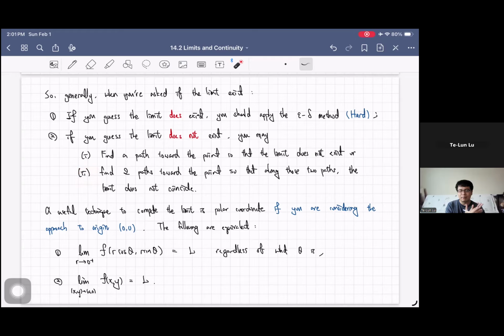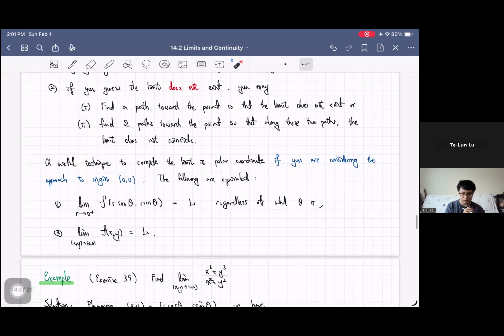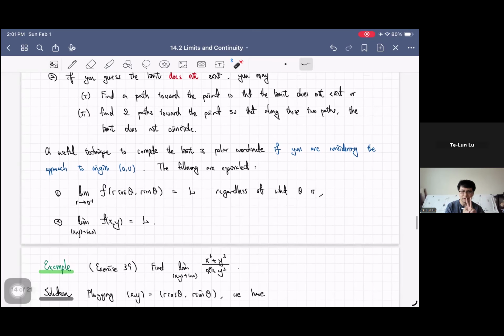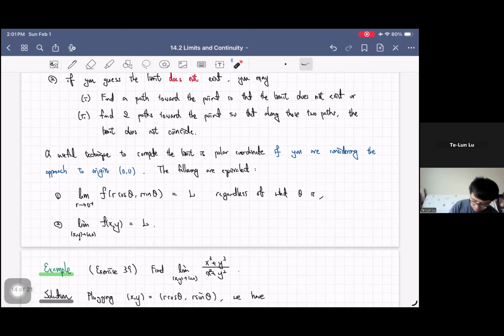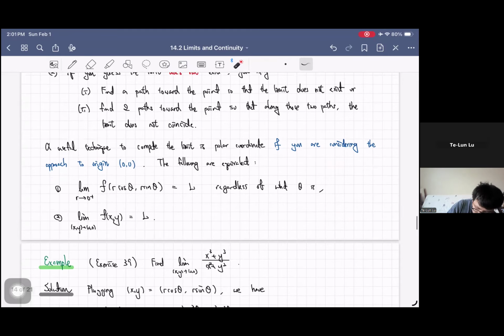So as I mentioned, the epsilon delta method might be a little bit hard. So I will introduce another kind of method to tackle the two-dimensional limit. This is the method that I'm proposing, the polar coordinate method. We're stating that if a two-dimensional function satisfies this one-dimensional limit, so f of r cosine theta, r sine theta goes to L whenever r goes to 0, and the limit does not depend on theta.